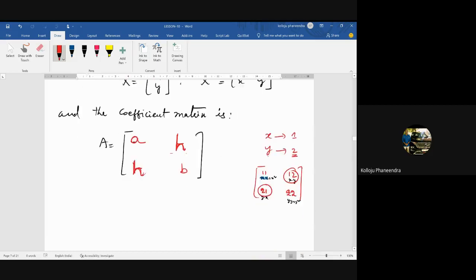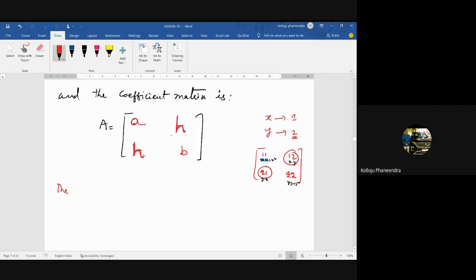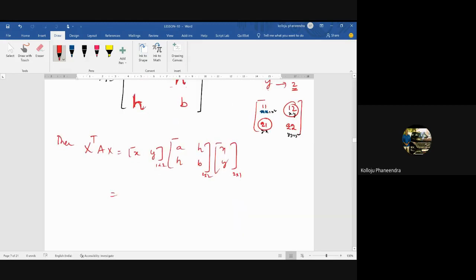This is the coefficient matrix, (a, h; h, b). Now see, x transpose A x. What does this become? X transpose means the row (x, y), then the matrix, then the column (x, y). This is 1 by 2, 2 by 2, and this is 2 by 1. Let us multiply. First these two matrices: 1 by 2 times 2 by 2 gives a 1 by 2 matrix. The 1 1 position is ax plus hy.